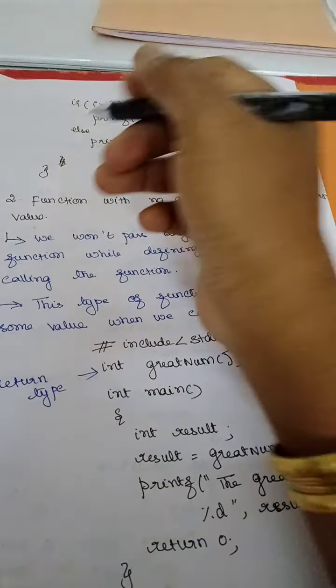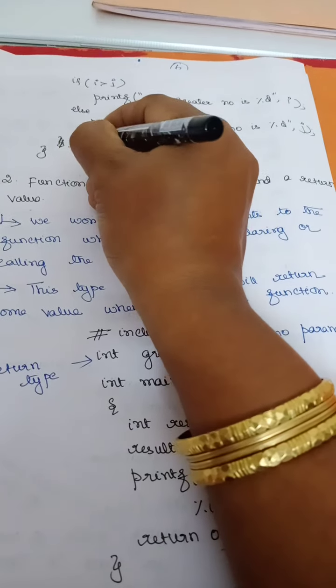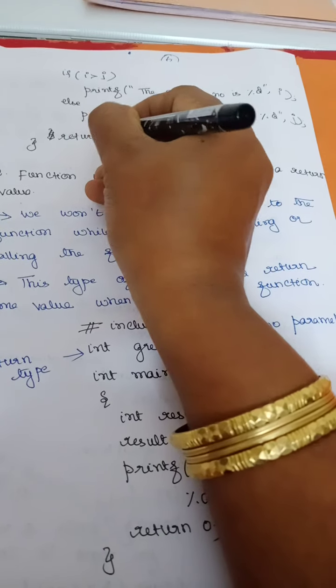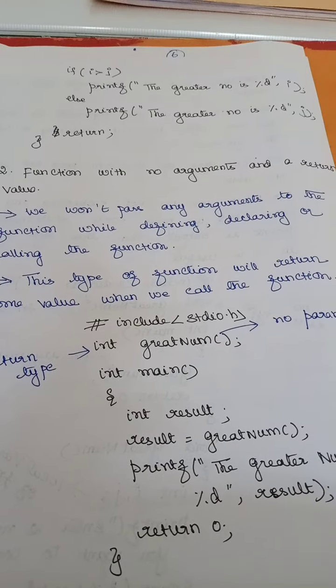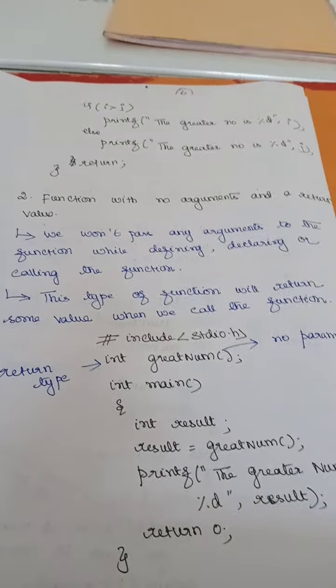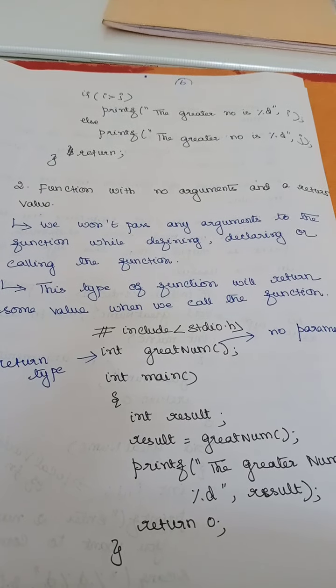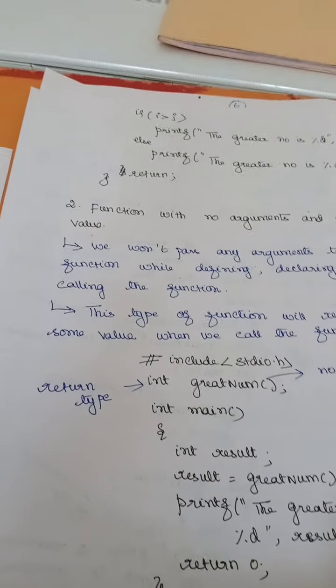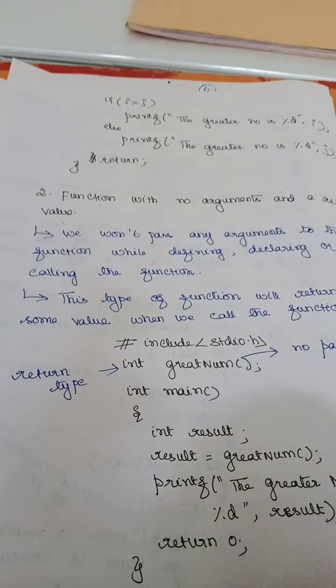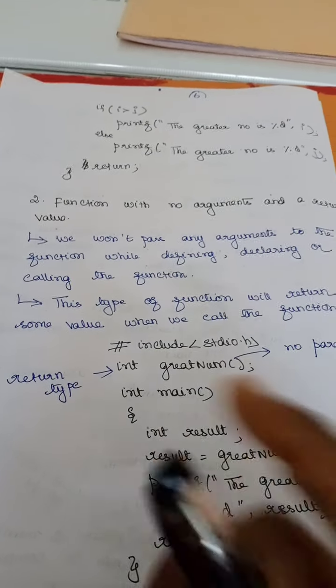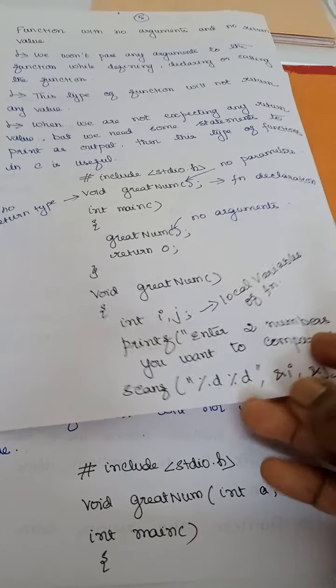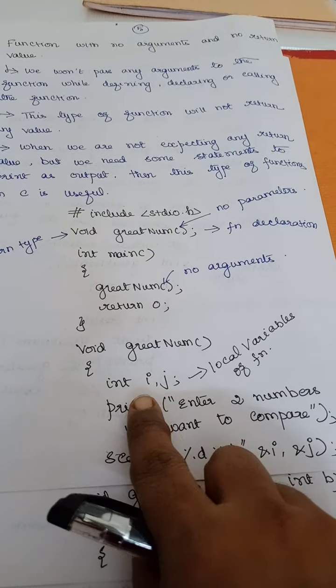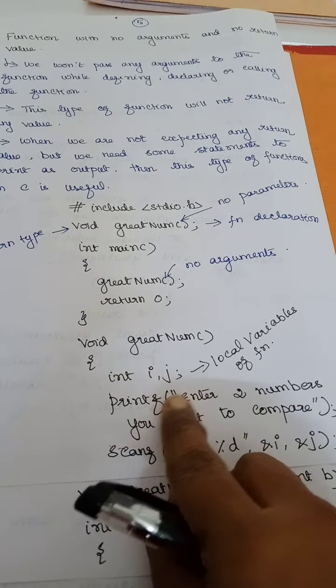Okay. And already I told you, you need to have a return even though the function is not returning any value. It is returning only void, right? It is not returning anything, but it is advisable to use return. The return will mark the end of the function, right? So everything I am doing inside the function. I am reading the values, I am comparing, I am printing.